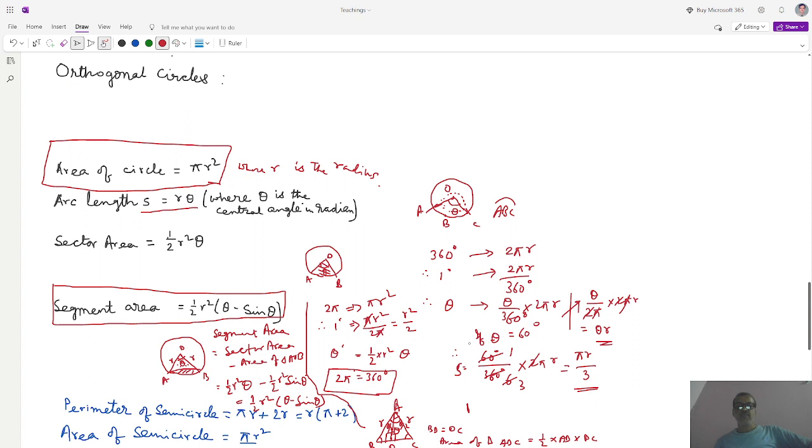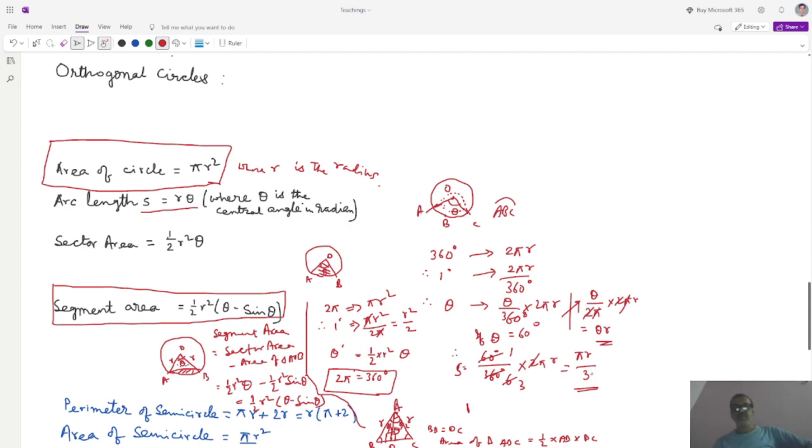So if theta equals 60 degree, then what will be the length of the arc? The length of the arc equals 60 by 360 degree into 2 pi r, equals pi r by 3.